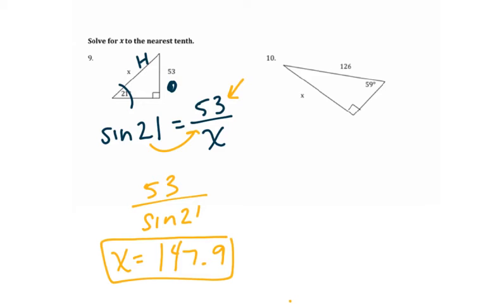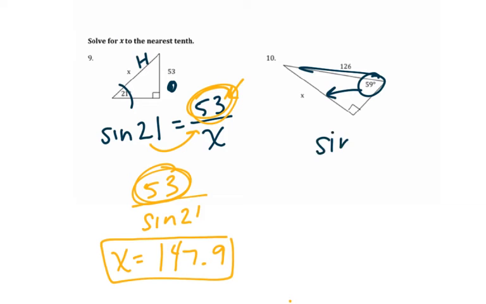So in this one, if you have a number on top, keep it on the top and then divide. If the number is below, that's when you would multiply. So let's look at this one here. We have an angle, an opposite, and a hypotenuse. Opposite over hypotenuse is sine. So sine of your angle equals the opposite over the hypotenuse.